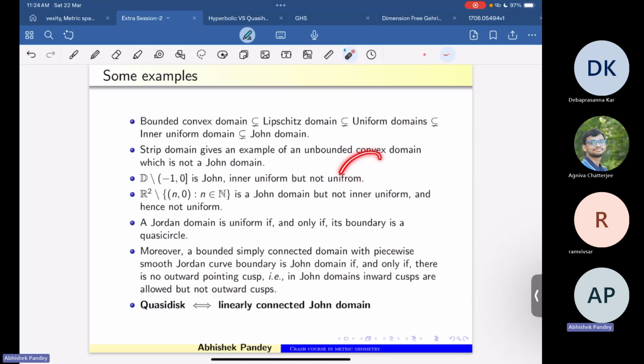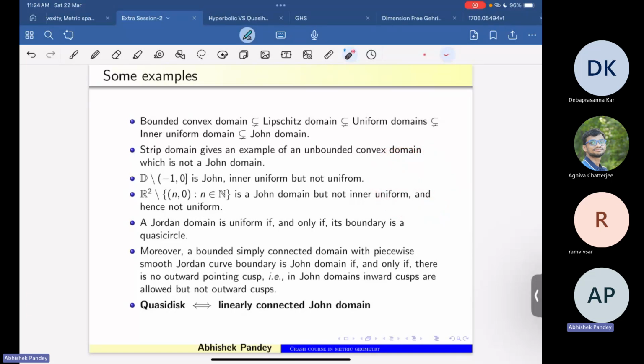Also, this domain is John, but not uniform. Again, this can be seen easily because the quasi-convexity condition fails in this kind of domain.